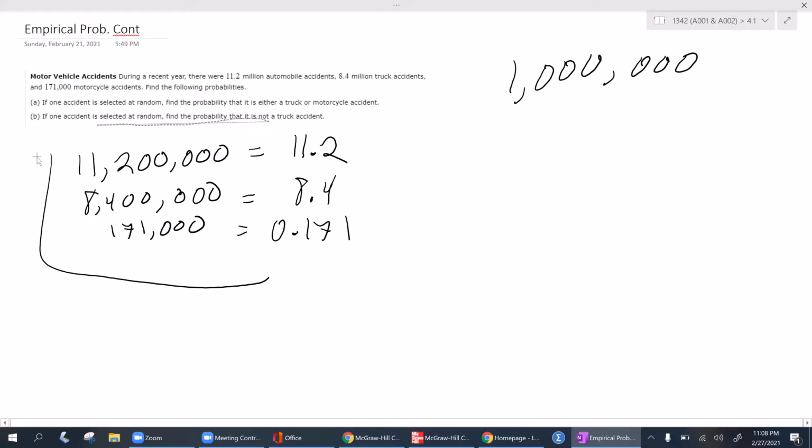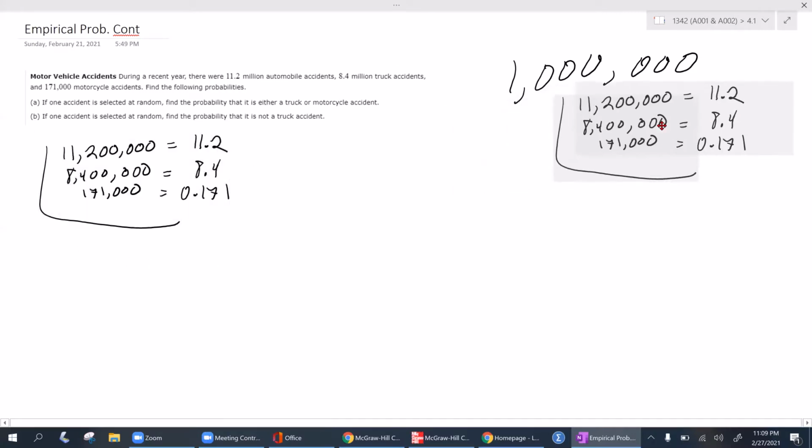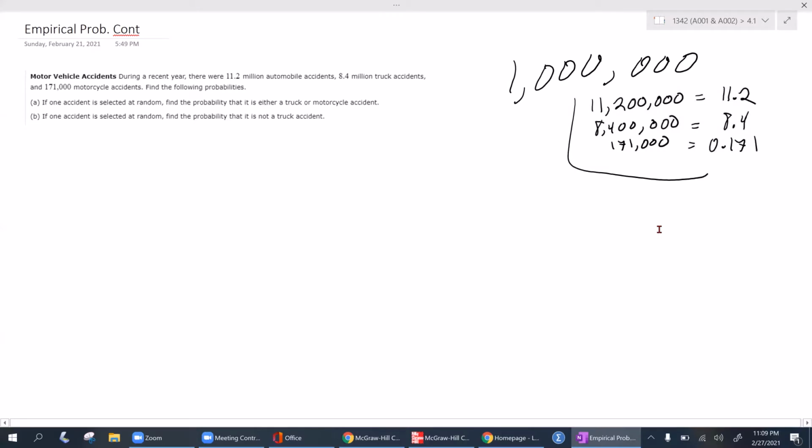So that's much nicer. Now I'm only going to be talking about millions and just using these values. No reason to plug in all those zeros. So the total number of accidents is 11.2 plus 8.4 plus 0.171. That denominator is going to be in all of them.